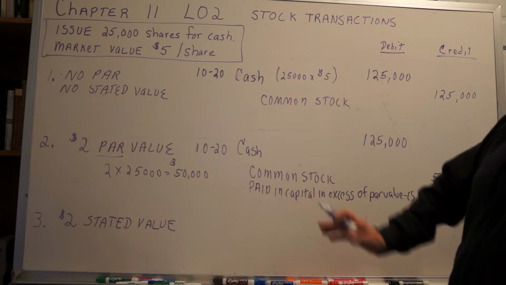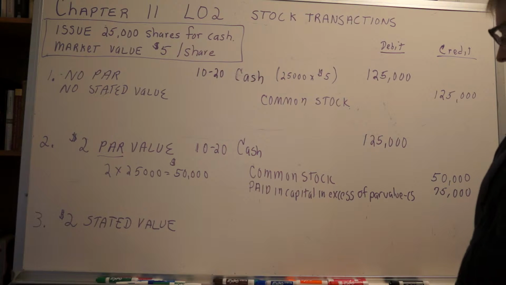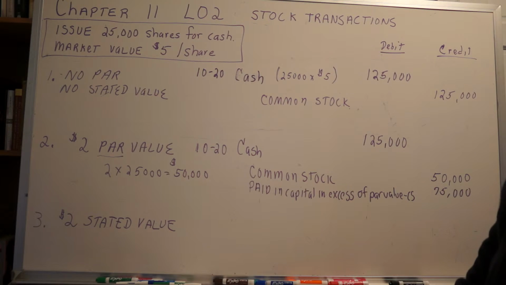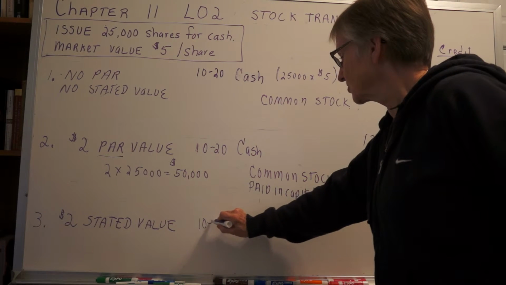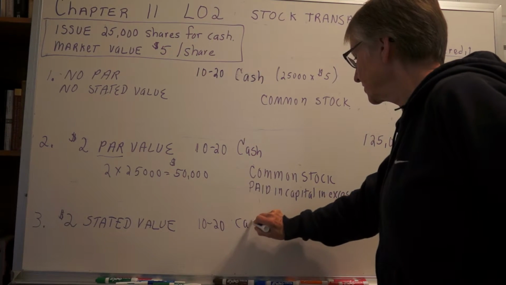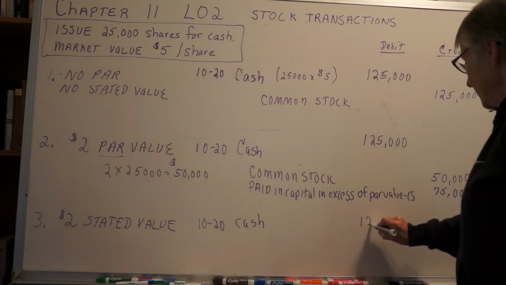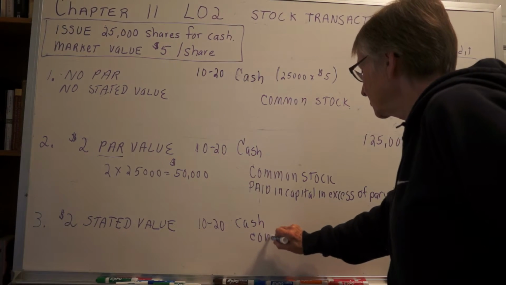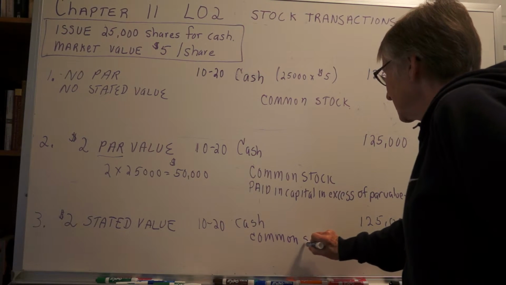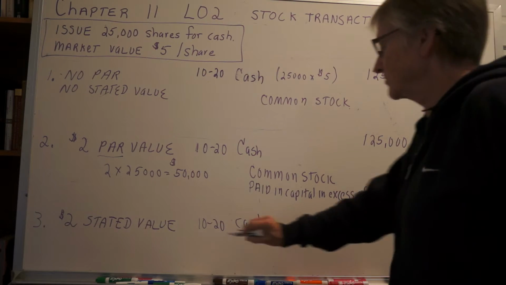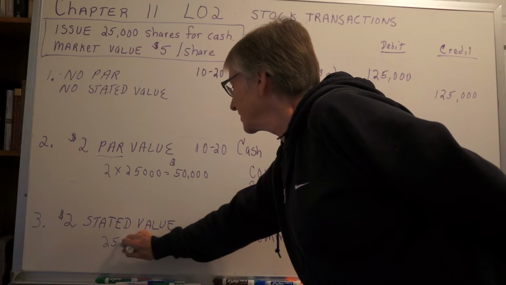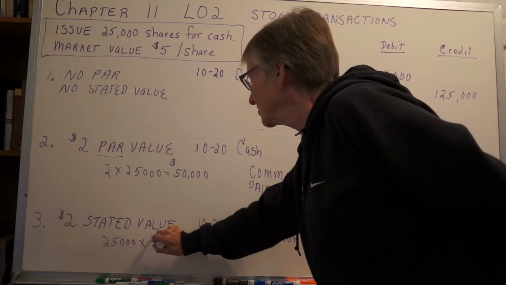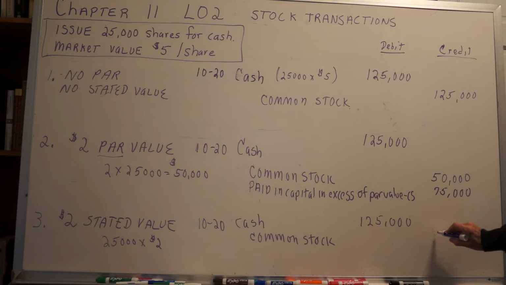We know the difference between par value and stated value. So if we were doing the same transaction except the stock had no par value but had a stated value of $2, we would do the same journal entry, noting that we got cash of $125,000, and we would attribute to common stock only the stated value. That would be the 25,000 shares times the $2 stated value, giving us the 50,000 we attribute to common stock.